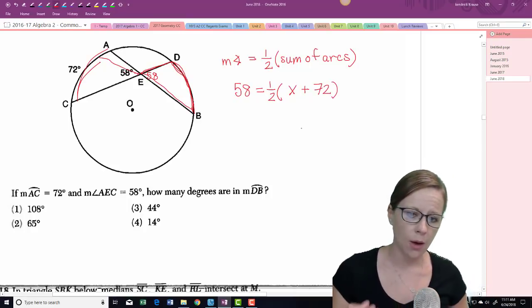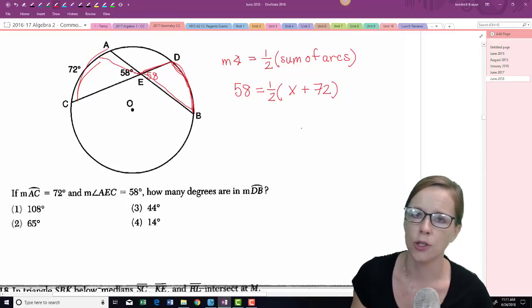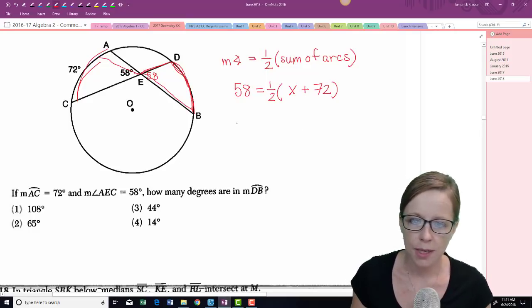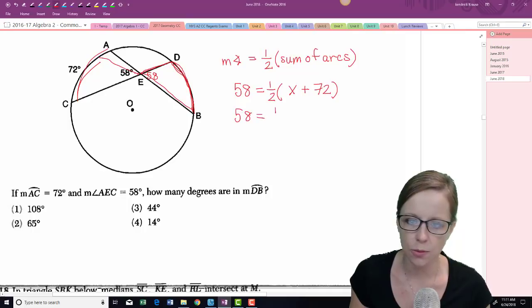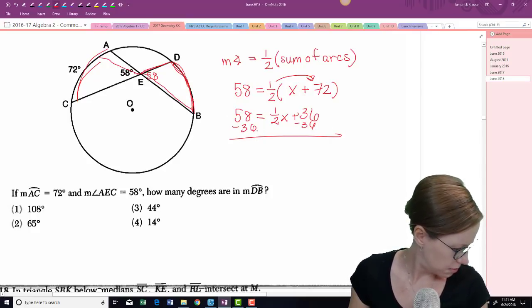Okay? Now you have to think about what you know. You have a couple of options here. You can distribute the 1/2, which I think maybe a lot of you did, or you can get rid of it. So I'm going to distribute it because I think that's what you probably did. 58 equals 1/2 x plus half of 72 is 36. So we subtract the 36 over to the other side. What's 58 minus 36?